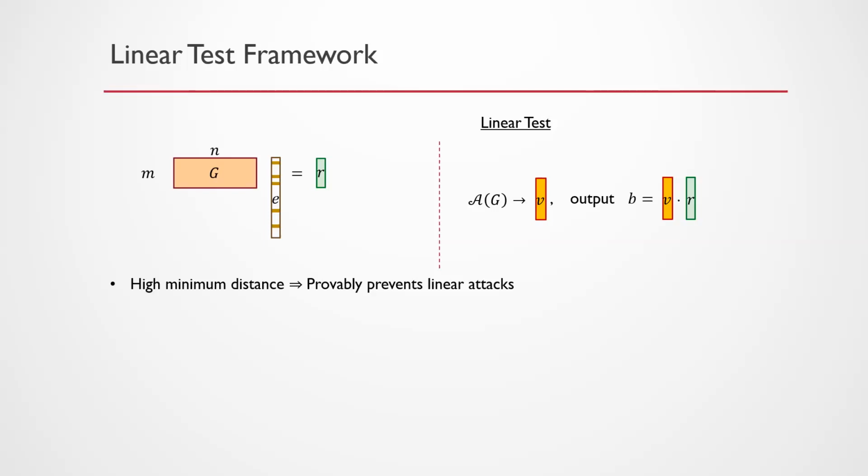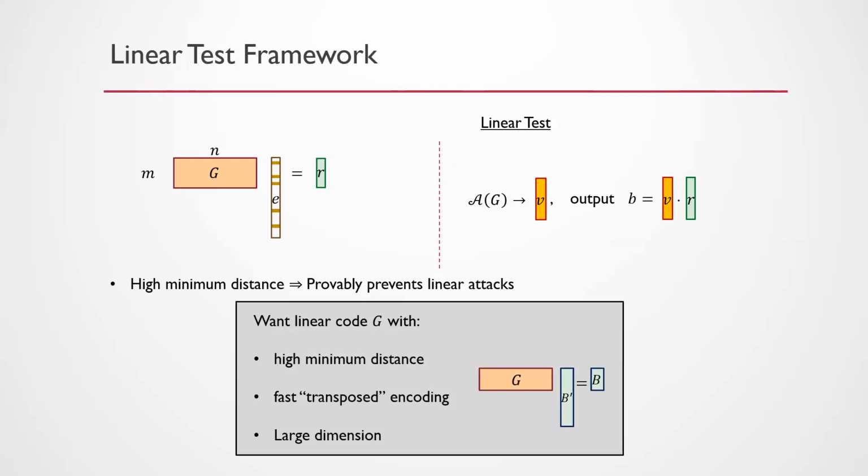And so this gives us a formula for how to come up with a code. We want a code with high minimum distance. We want the matrix vector product to be very efficient, and it should also work over a large dimension, say on the order of a million.